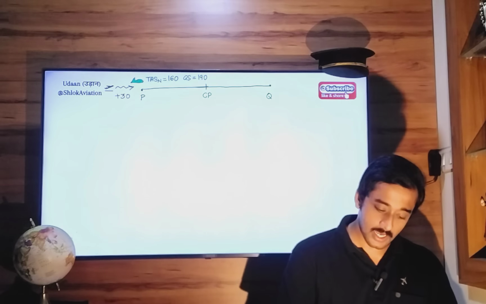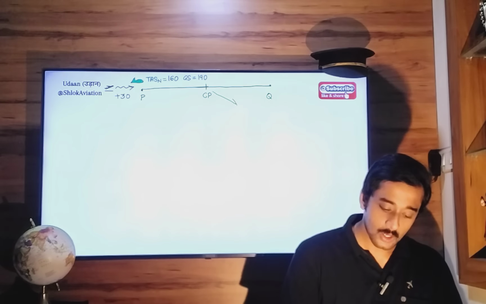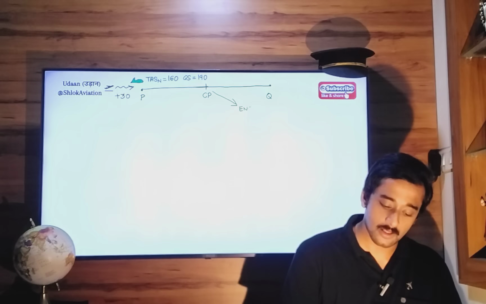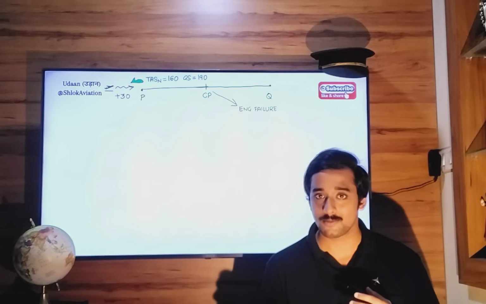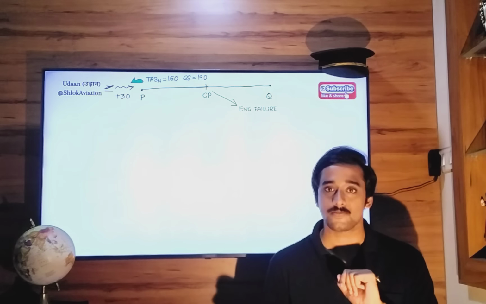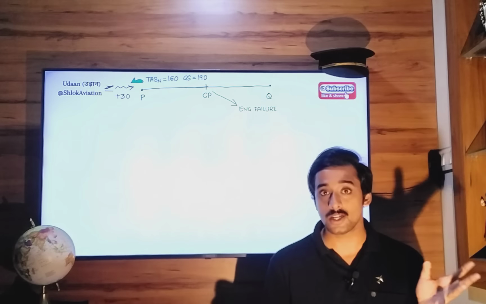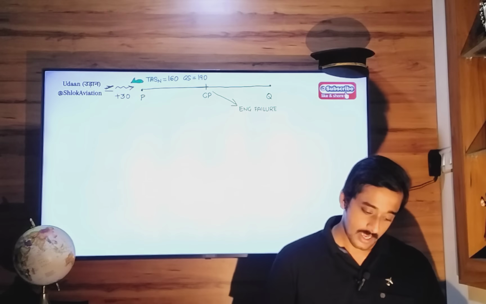Now, at this critical point, you experience engine fail. So from this point onwards, you will be flying at a reduced cruise airspeed because now you have only one engine. Previously, you had two engines working perfectly.